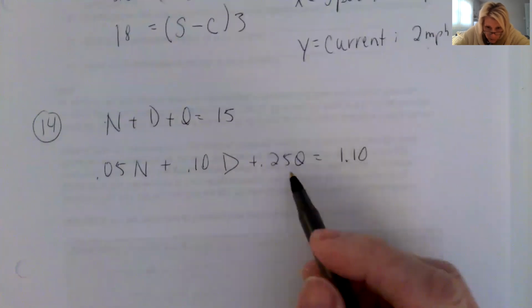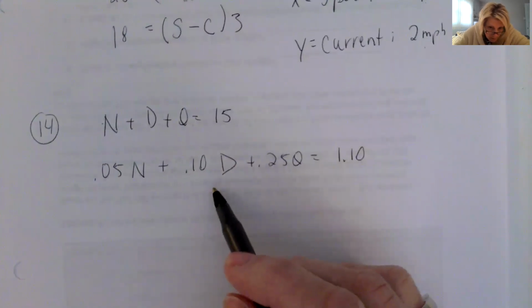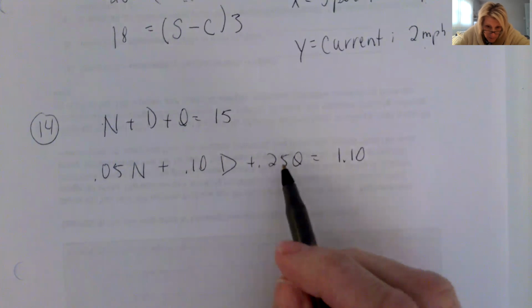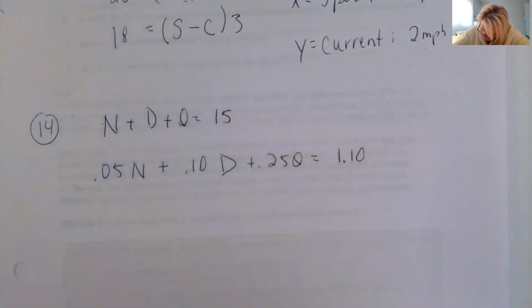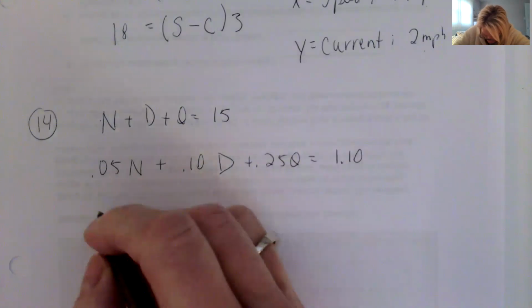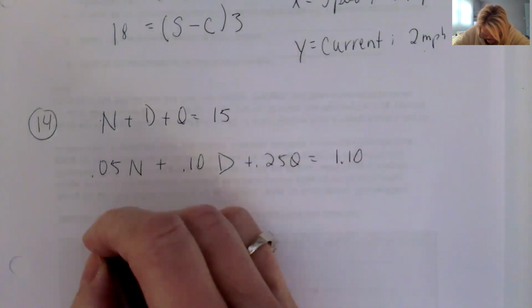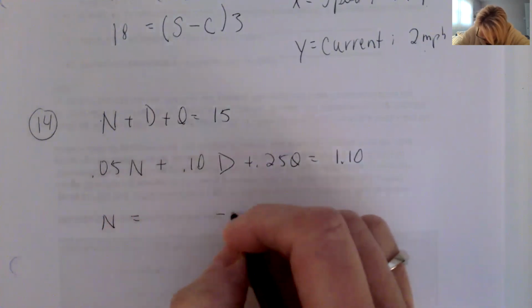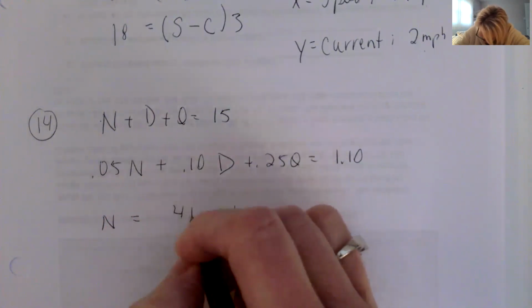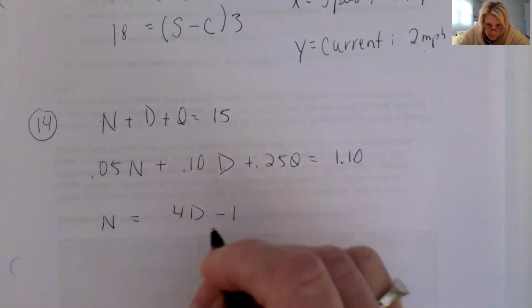So there can't be too many quarters because we have to have 15 coins total. Okay. And then something else we know on the side is that the number of nickels N is 1 less than 4 times the dimes. Okay, so that's good. We know that.